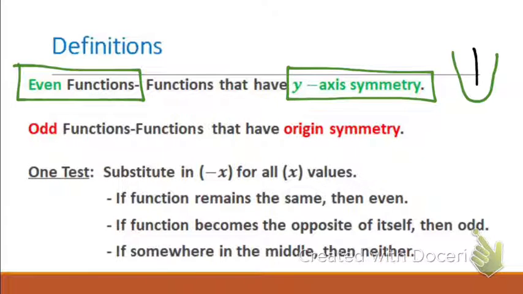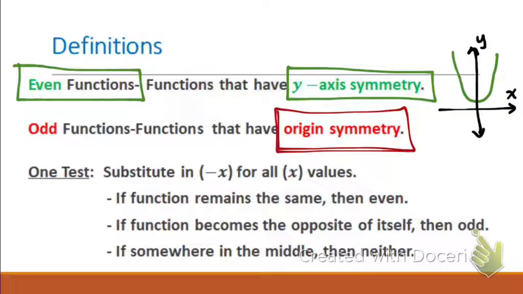So one of the easiest examples of this is a parabola whose vertex is on the y-axis. If I can fold it in half over the y-axis and it matches up with itself, it is an even function. We've already talked about odd functions as well. Odd functions have origin symmetry.